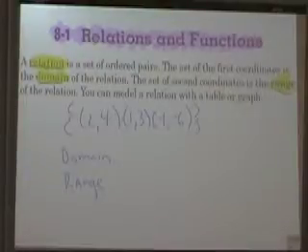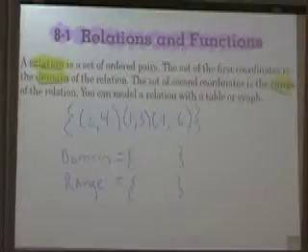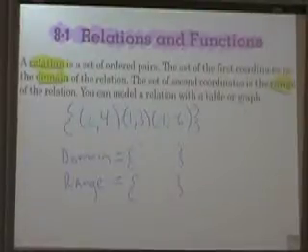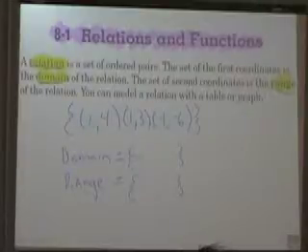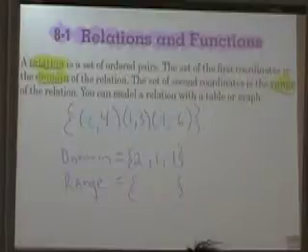Now, the domain is all the x values. So this 2, this 1, and this -1 are all the domain. So in our domain set, we're going to write 2, 1, -1.